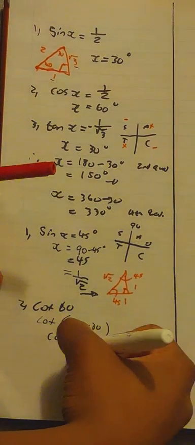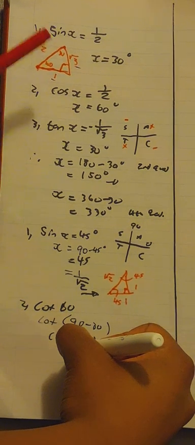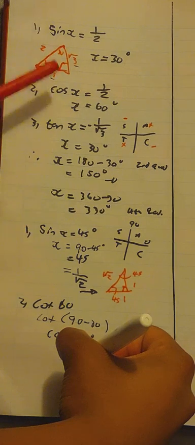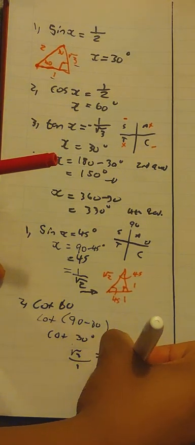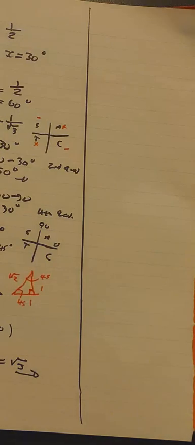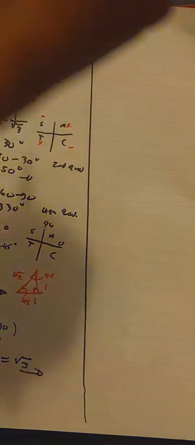So my answer here will be adjacent, root 3, over 1 opposite, which is just equal to square root of 3. Remember, on these questions we use special triangles and our CAST diagram. And now let's carry on with other questions.